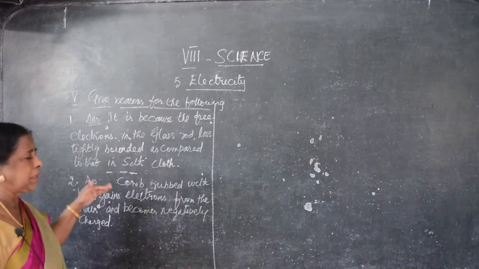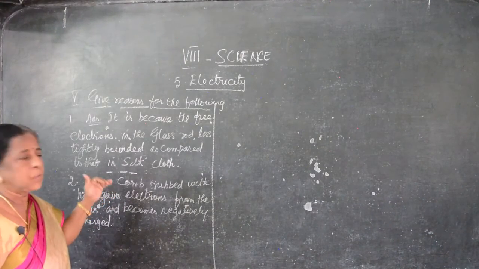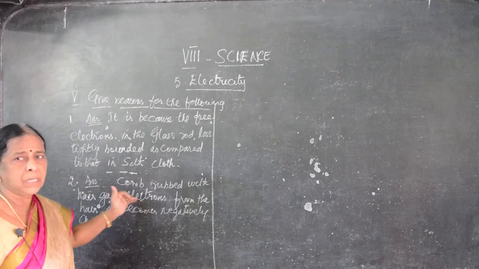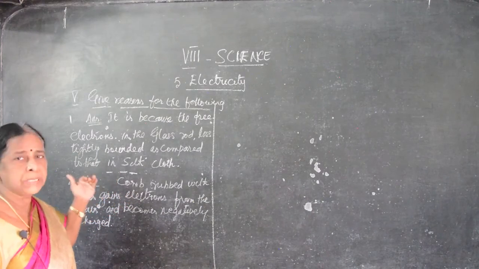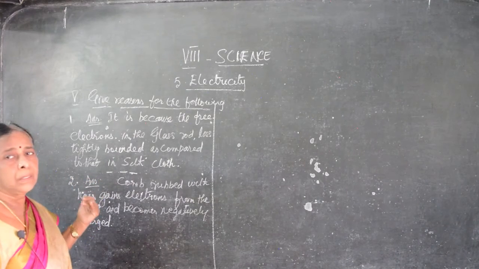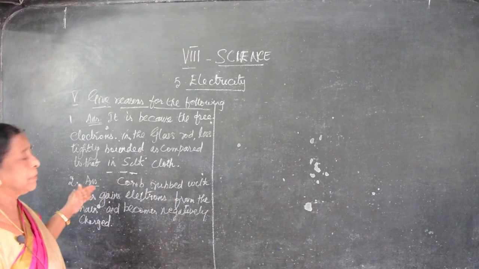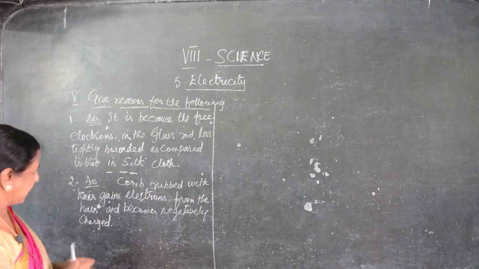Because comb rubbed with the air, so from the comb gets electron, it becomes what? Negatively charged. Electron is negatively charged. Because comb is getting the electrons, so it becomes what? Negatively charged.